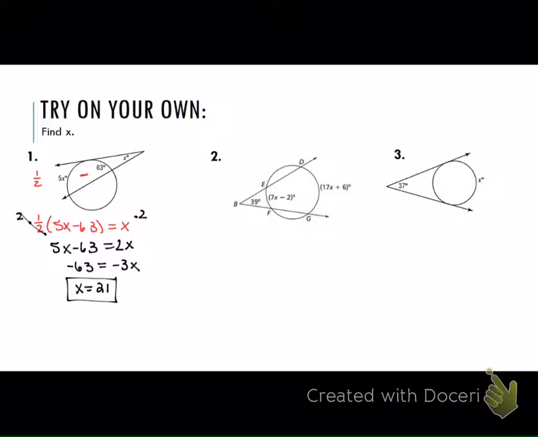Okay, this next one is really challenging, so you have to remember to distribute. So we need to do 1/2 of the bigger arc, which is 17x plus 6, minus the whole entire 7x minus 2, equals 39. So I'm going to multiply both sides by 2.